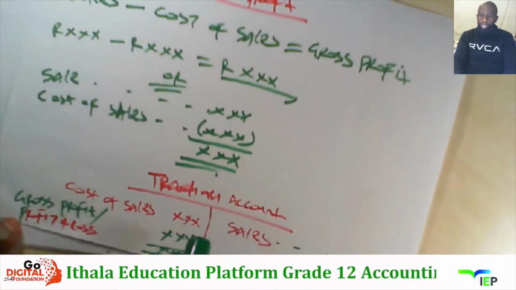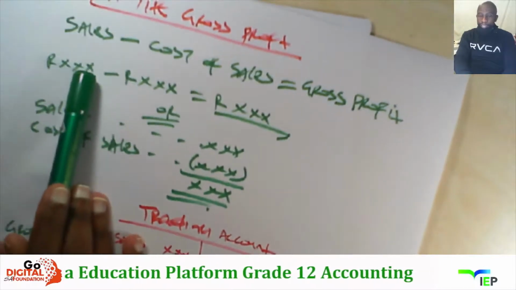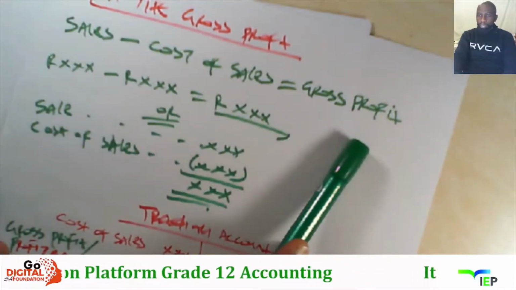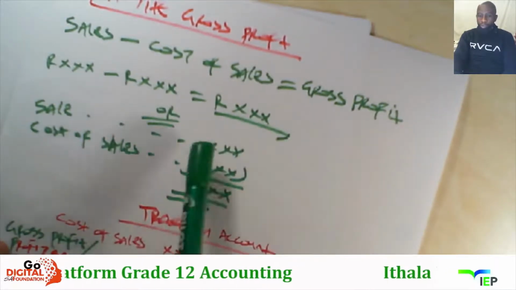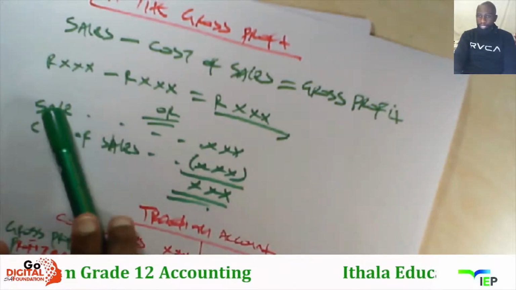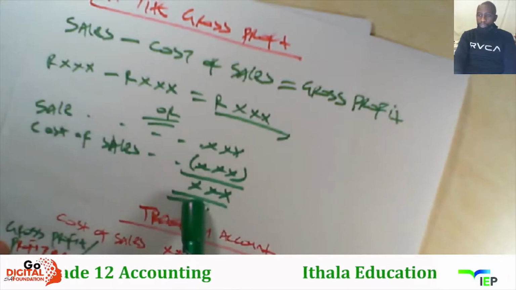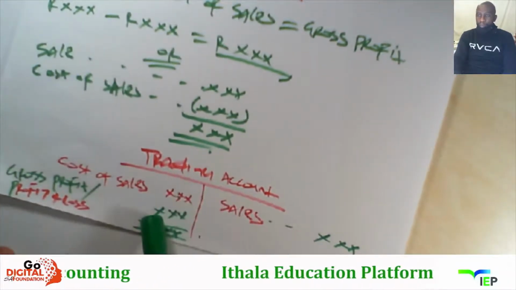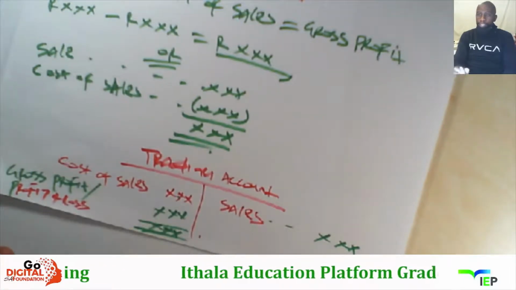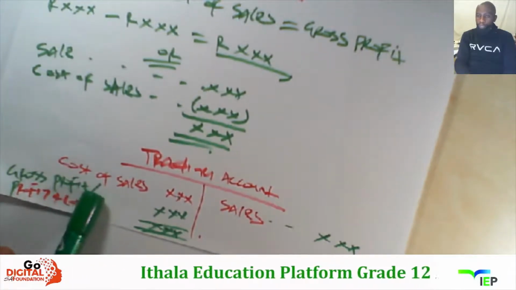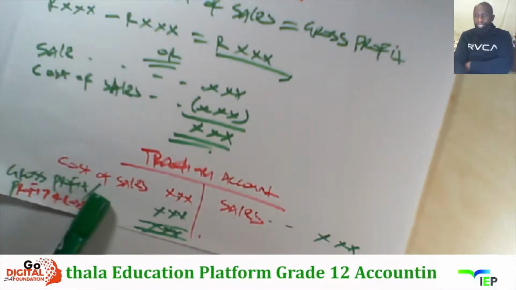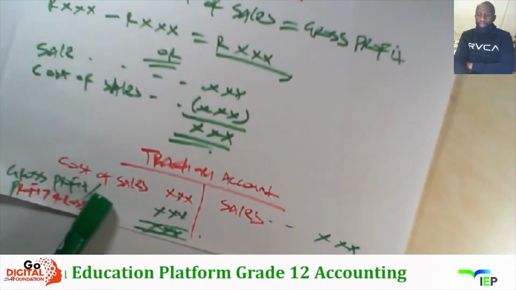As you can see here, we are saying sales less cost of sales is equal to gross profit, right? So you put your figures, or you write vertically, or you are using a T account. On the debit side, you always write cost of sales. Why cost of sales on the debit side? Cost of sales is an expense. Expenses have a plus on the debit side.